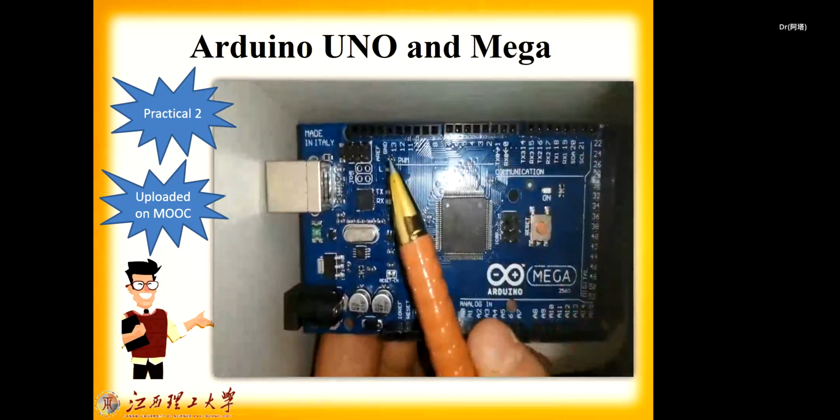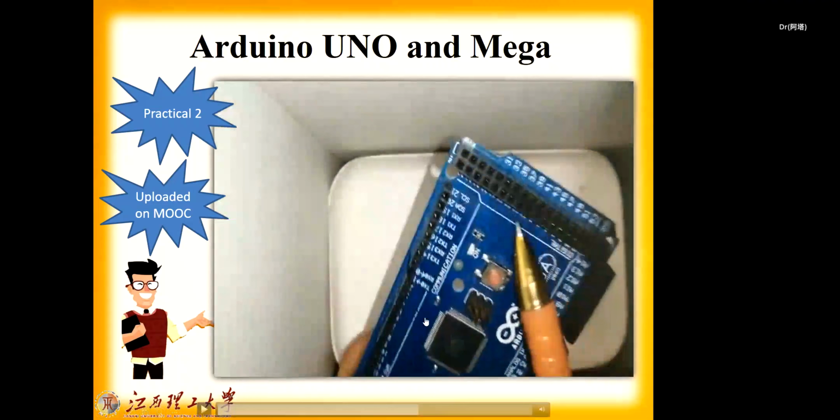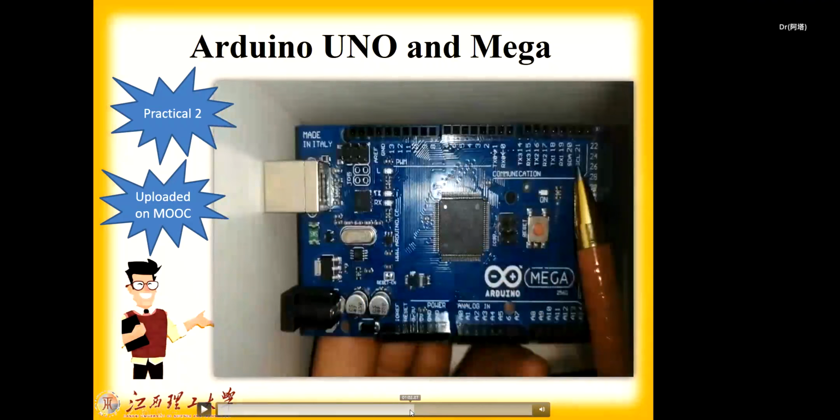But the main difference is here in the Mega, let me come back. Pins from 2 to 13 and more, all of them can provide PWM. It's not like the Uno where only some pins can do it. Here, all of them can.